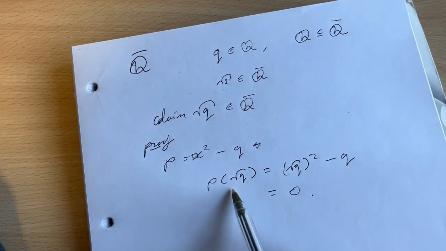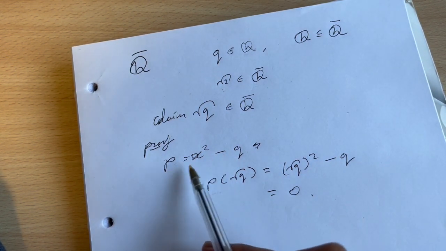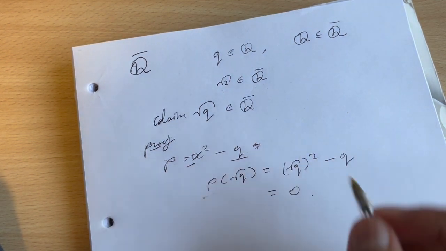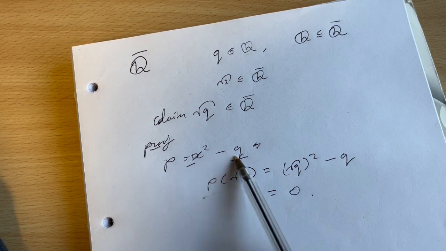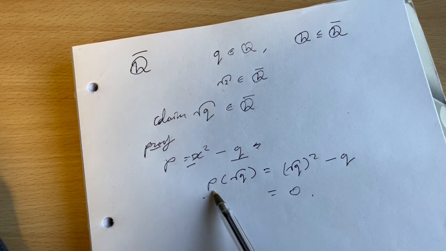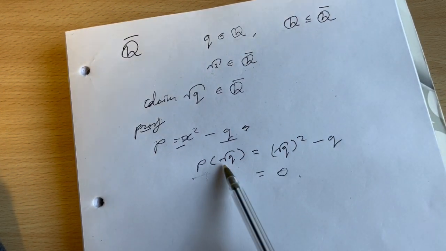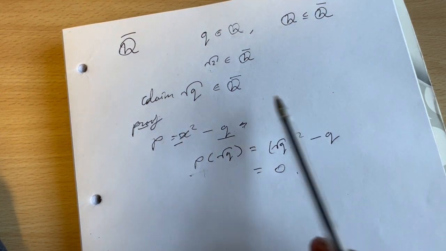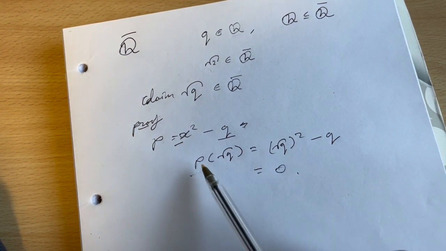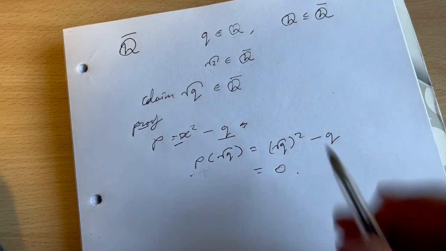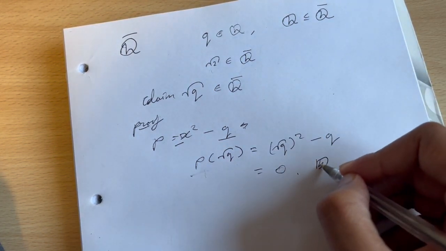So we've just found a polynomial with rational coefficients such that it has a root that's the square root of q, and so the square root of q is algebraic. So this is the proof.